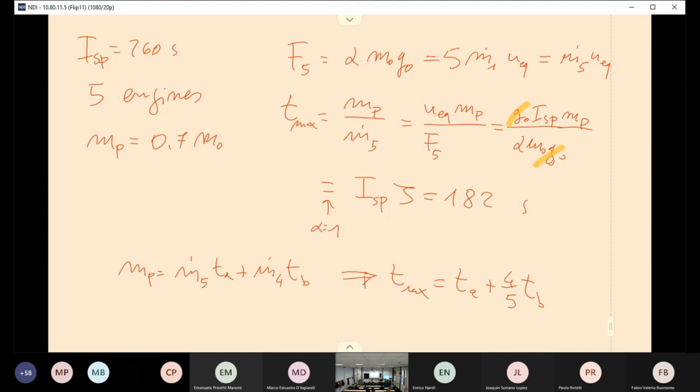And so also the second point is practically solved, because we have just to take this expression and evaluate now the whole time, which is Ta plus Tb. So we have Tmax equal to Ta plus 4 Tb.